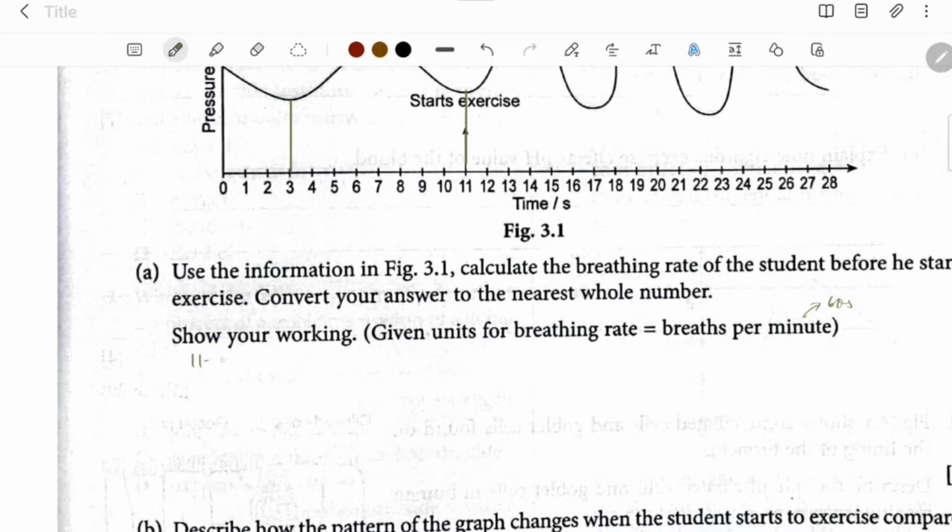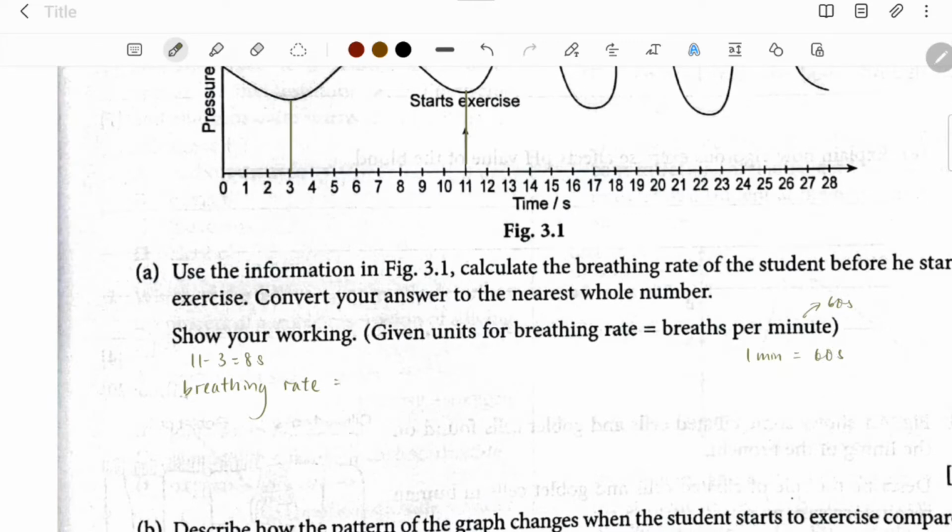This one, 11 minus 3, you get 8 seconds. And then after that, breathing rate per minute, 1 minute equals to 60 seconds.